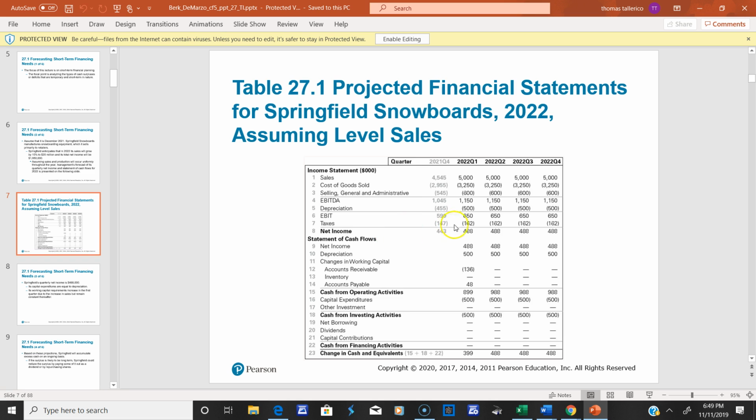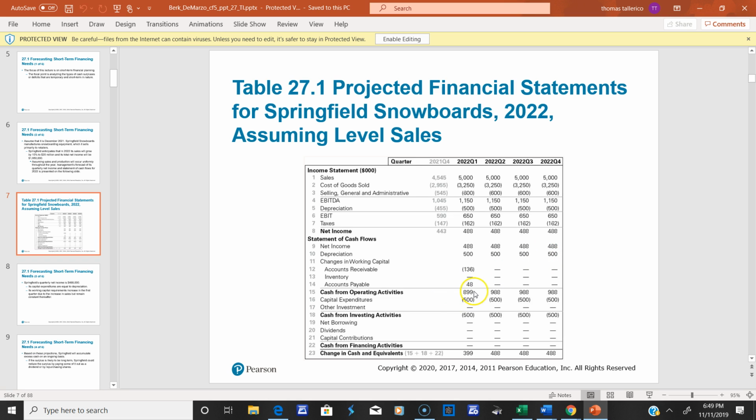You can see their net income each year forecasted remained constant, 488,000 a year. And basically that gets pulled down over here for the statement of cash flows. You see that comes down. And then the depreciation comes off of items.